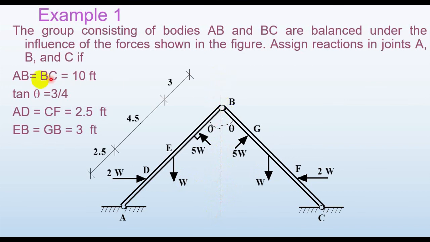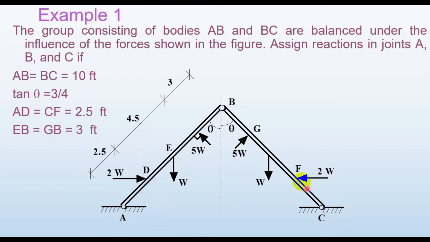So AB and BC are 10 feet, divided like this. Tan theta is 3/4, because of this force and this force. AD, this one, equals 2.5 feet.